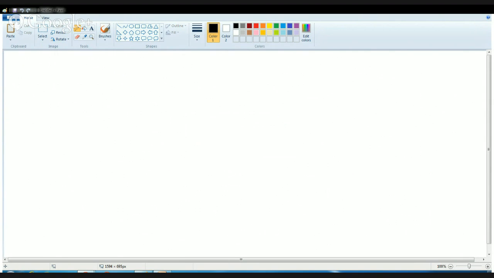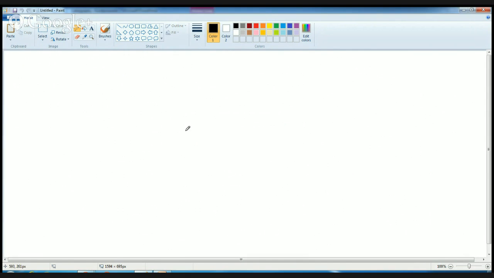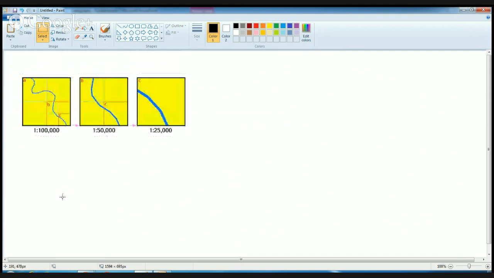Now here is a map, here is a diagram. What I am trying to do is help you analyze this diagram.